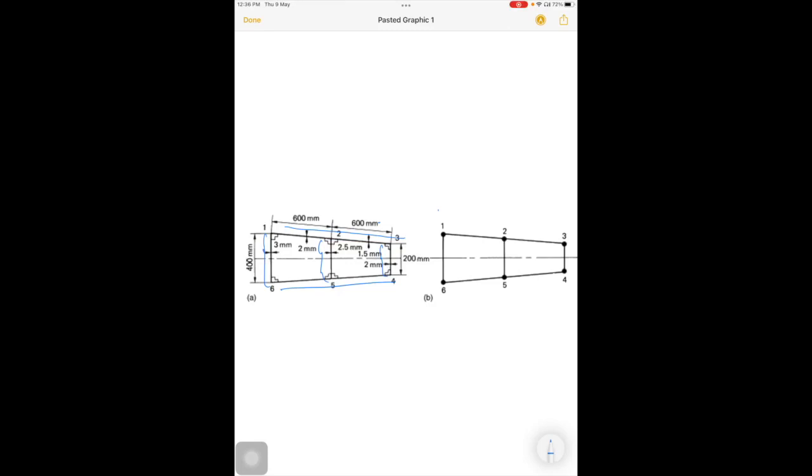So they have mentioned the cross-sectional area, which I am indicating. I will change the color so that it is easy to identify. So this is 300 mm square, and this is 300 square, and this is 300 square, and this one is 300 square.